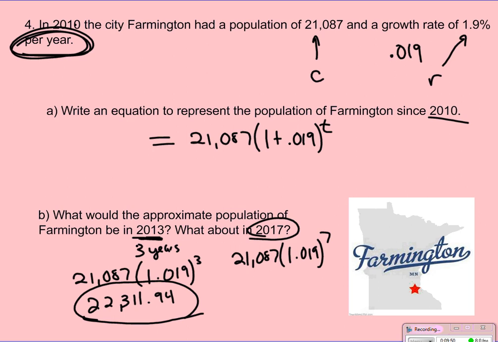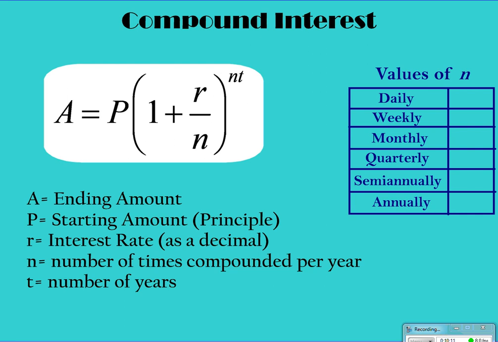So that's going to be 22,312 people. And then for this one, 1.019 raised to the seventh times 21,087. So this is going to be 24,056. So those are going to be your kind of estimated increases there.